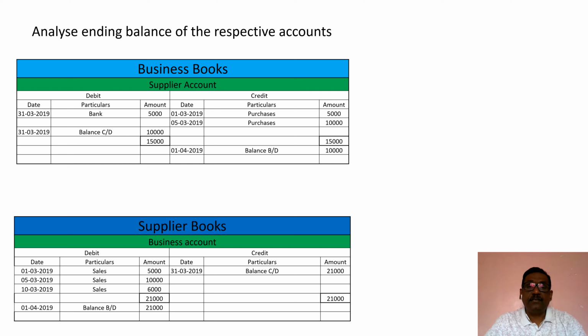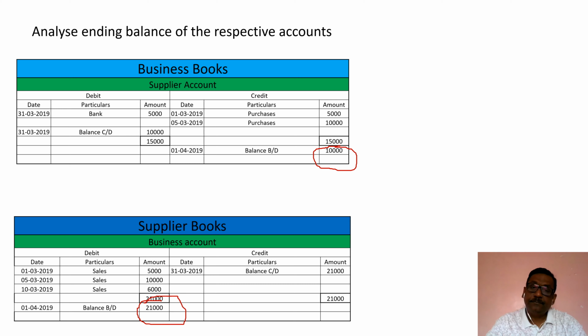Analyze the ending balance of the respective accounts. Now I am comparing the supplier account in my books with the statement I received from the supplier, right? So I need to analyze the ending balance of the supplier account. In my books, the supplier account is showing only a 10,000 balance, whereas in supplier books, my account is showing 21,000.